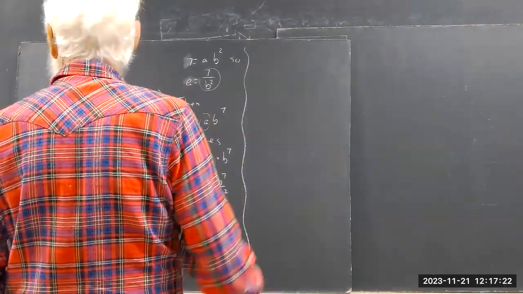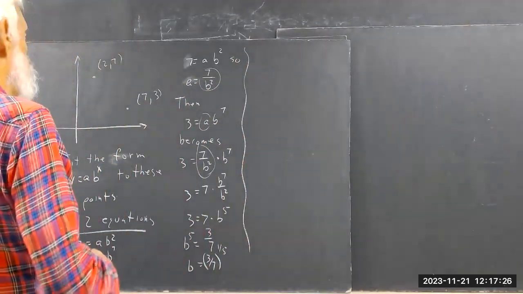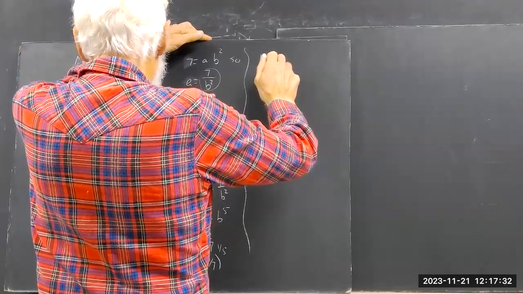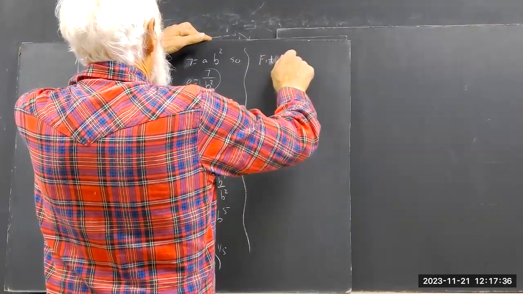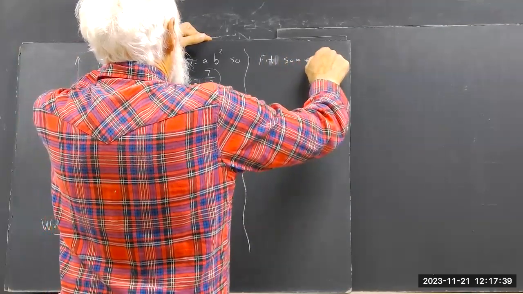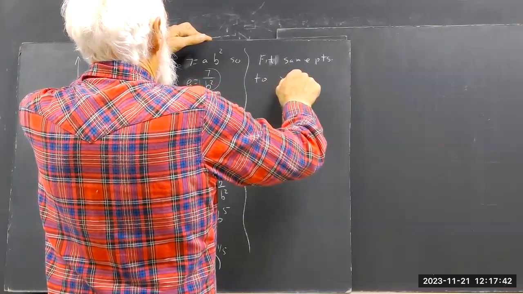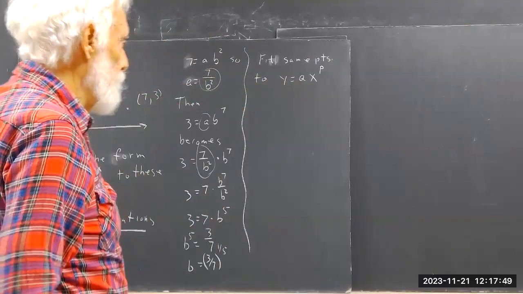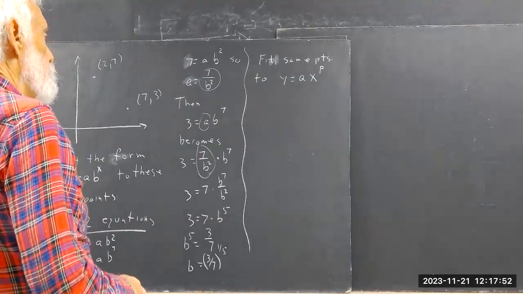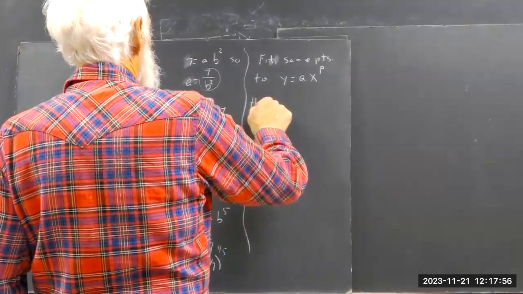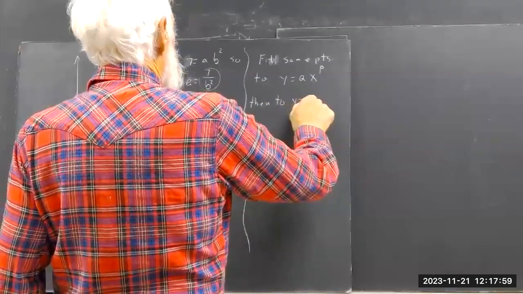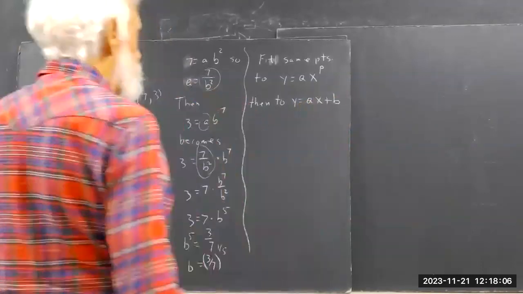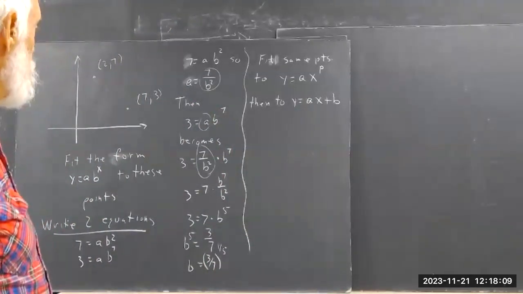Okay, well, let's say at the same points, y equals a x to the p, and y equals ax plus b.